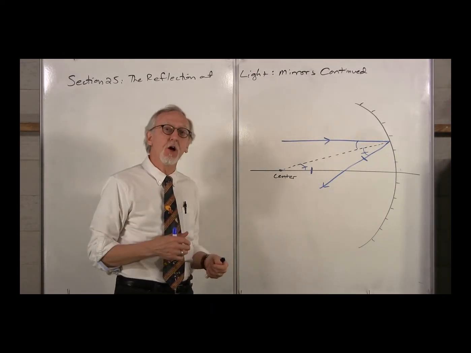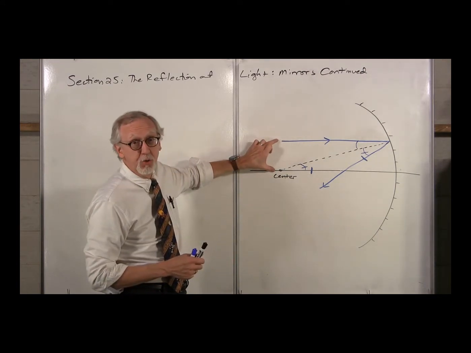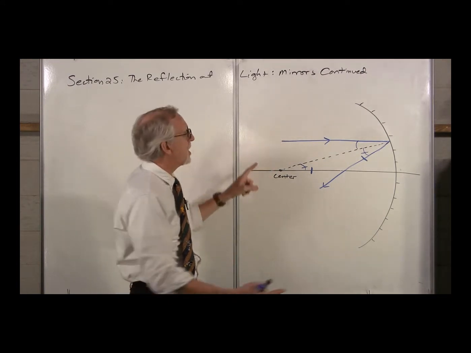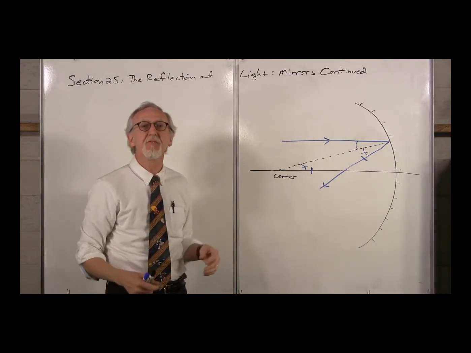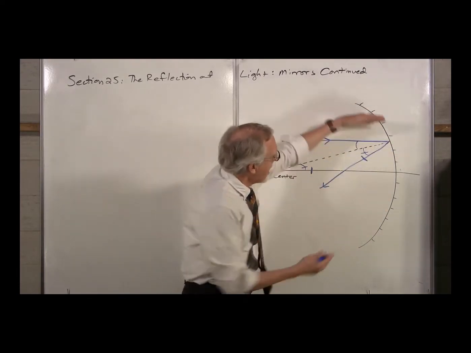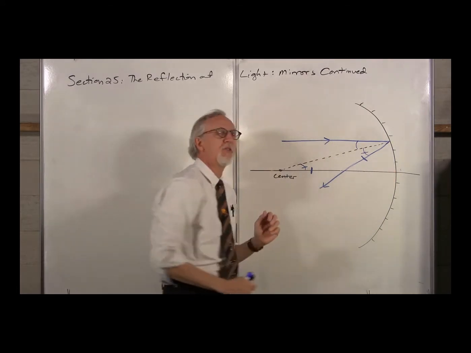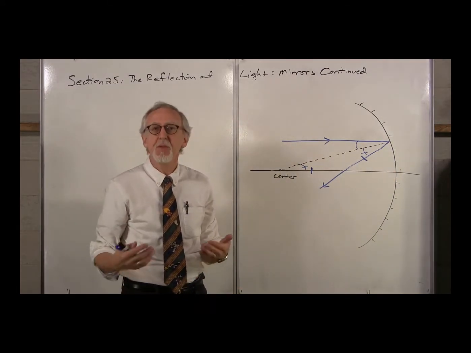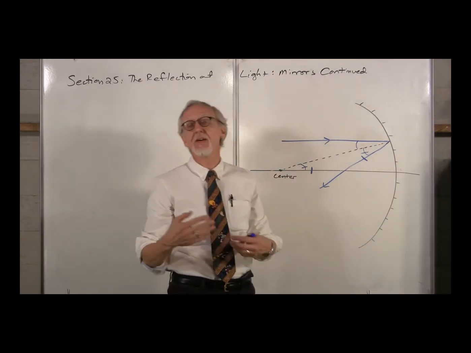To say they're close means that the distance between the two is small compared to the radius of the mirror. The radius of the mirror, again, doesn't mean how big is this thing this way. The radius of the mirror means the radius of the sphere of which that mirror is an arc.